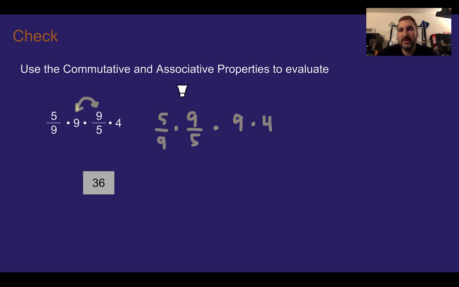And fractions I'm going to put together. As it happens, putting these fractions together, they are reciprocals. 9 times 5 is 45, 9 times 5 is 45. Together they just multiply and equal 1. 1 times 9 times 4, so then 9 times 4 is just 36, times 1 is still 36.